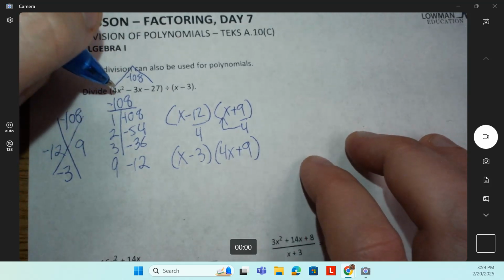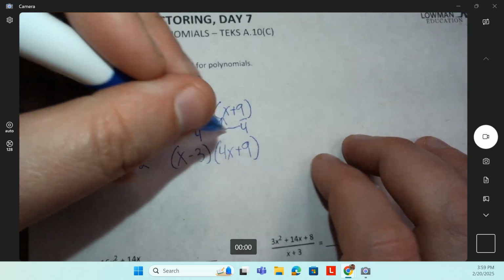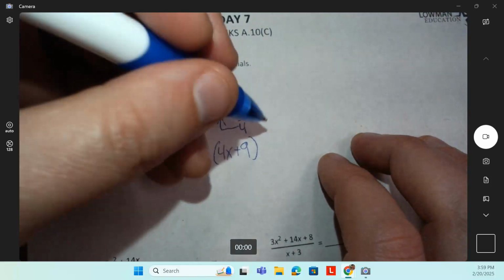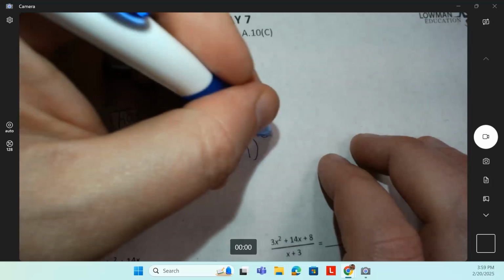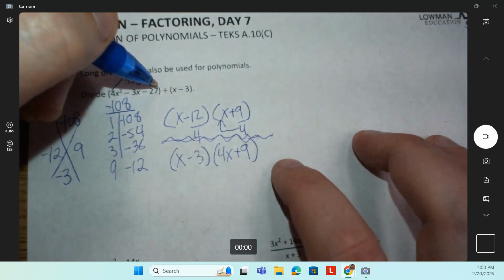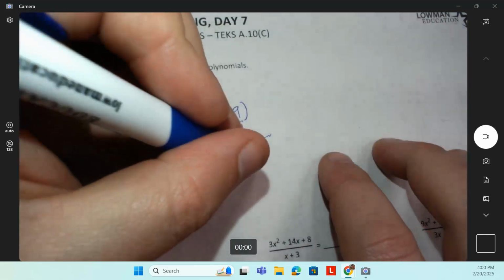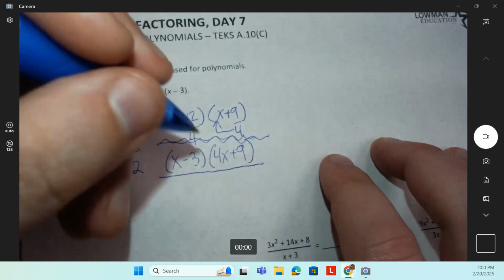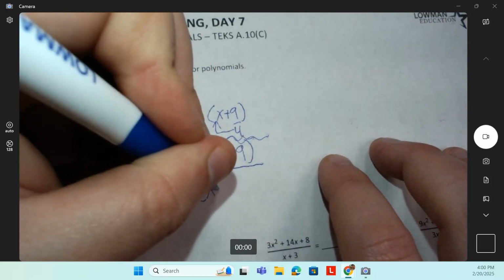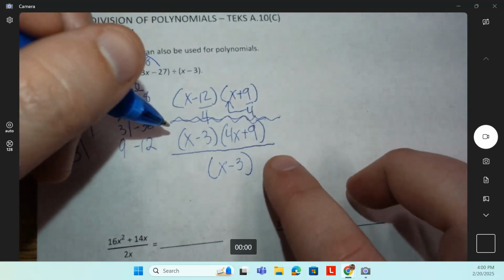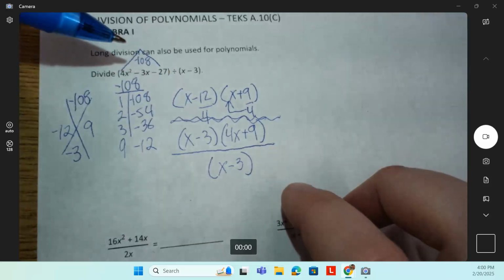So now that that's factored as x minus 3 times 4x plus 9, we're going to add in that division again. If I divide that by x minus 3, you notice that I've got an x minus 3 up top and on the bottom.